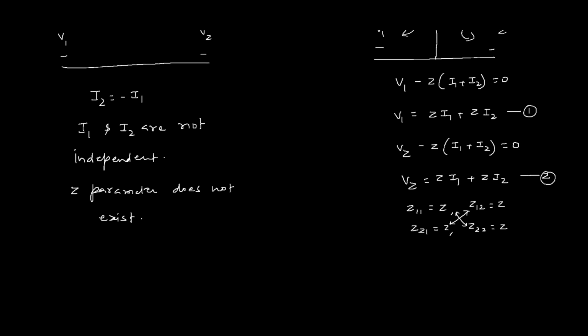Now let us find out the two-port Z parameter for a lattice network. This is the lattice network: ZA, ZA, and the impedance ZB is connected here.